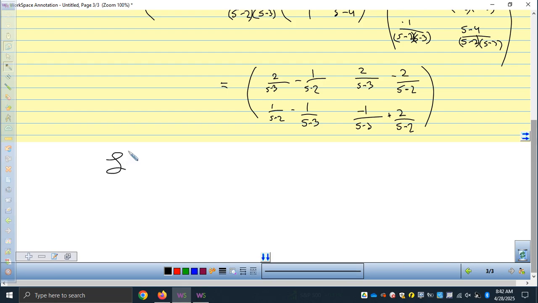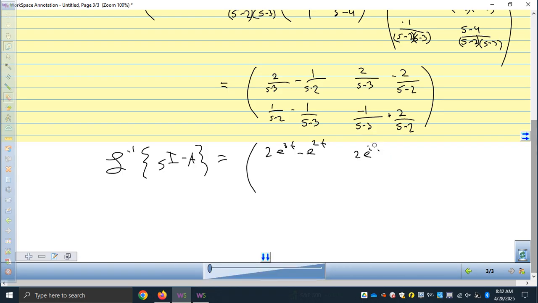So now we take the inverse transform of that quantity, term by term, and we get 2e to the 3t minus e to the 2t, 2e to the 2t, did we do that right?